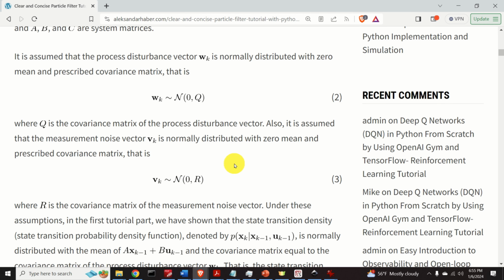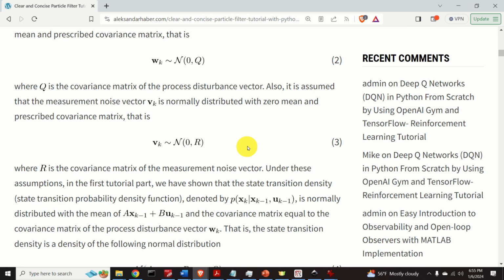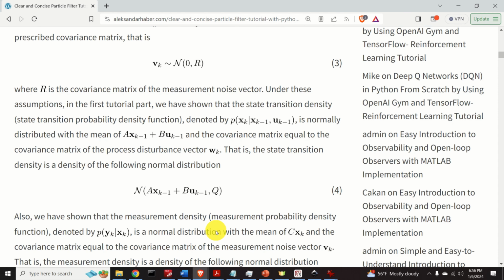Under these assumptions, in the first tutorial part, we have shown that the state transition density, or the state transition probability density function, that's usually denoted like this, is normally distributed with this mean and the covariance matrix equal to the covariance matrix of the process disturbance vector wk. That is, the state transition density is a density of the following normal distribution.